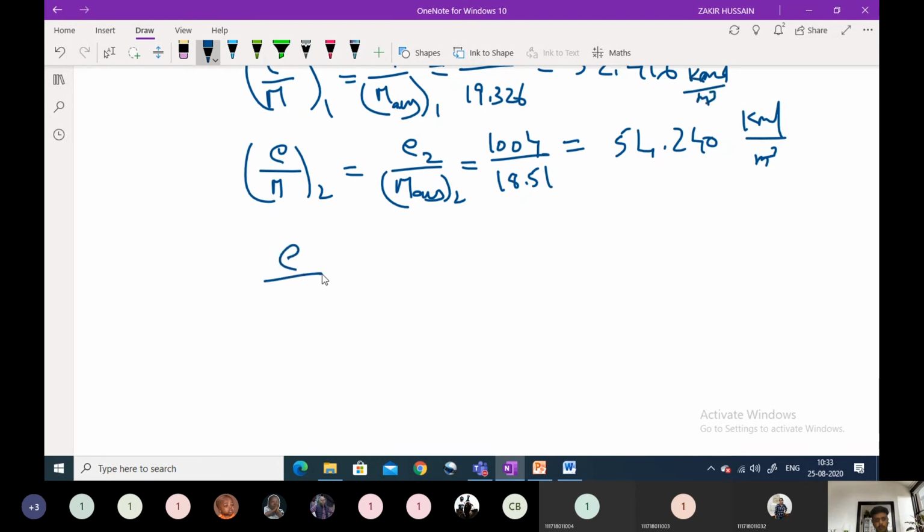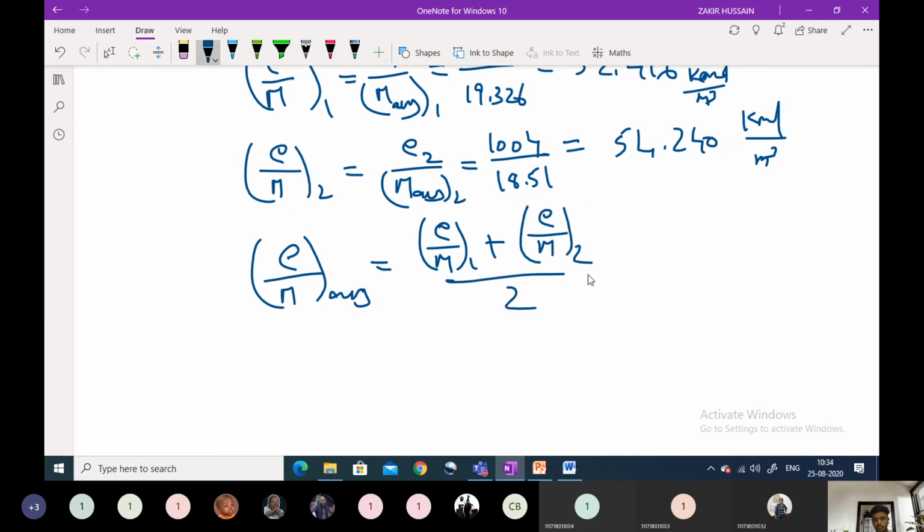So now rho by M average, this is the required final value. It is rho by M at position 1 plus rho by M at position 2, divided by 2.